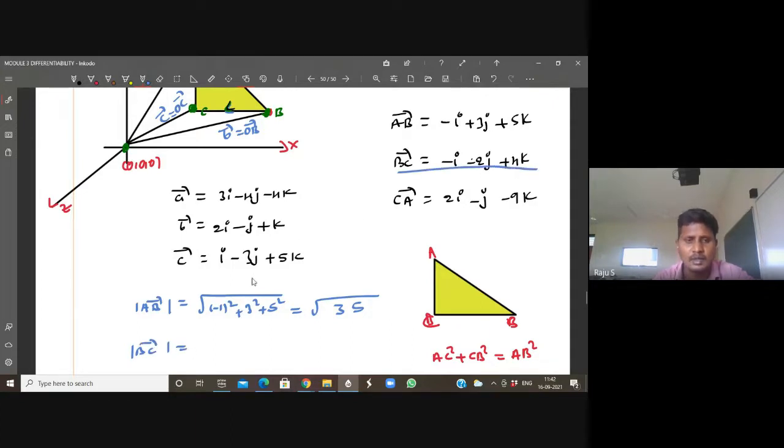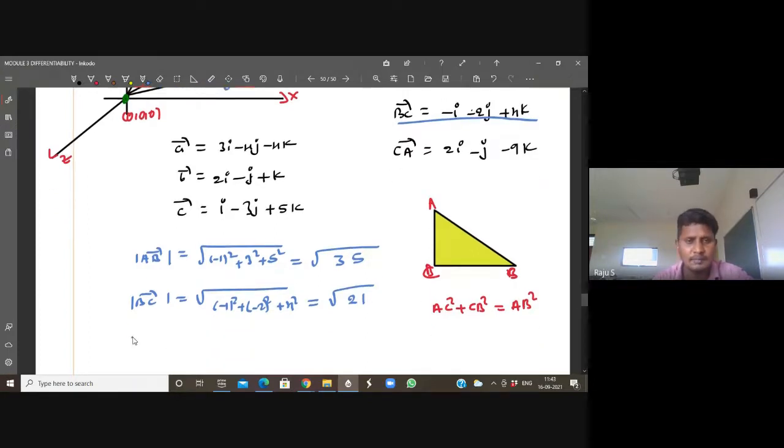Its magnitude is minus 1 square plus minus 2 square plus 4 square, that is 1 plus 4 plus 16, which is 21. The same for CA. The magnitude will give the length of the sides: root over 2 square plus minus 1 square plus minus 9 square.